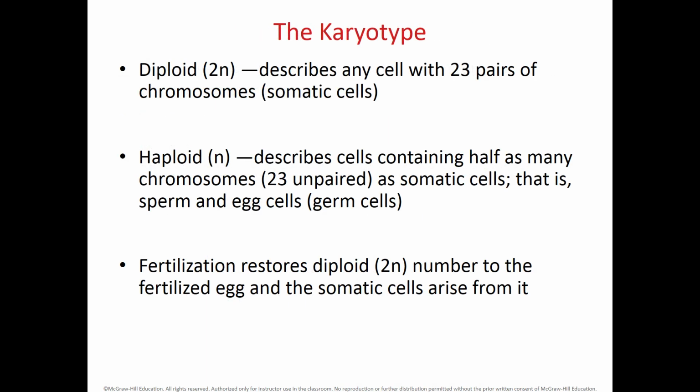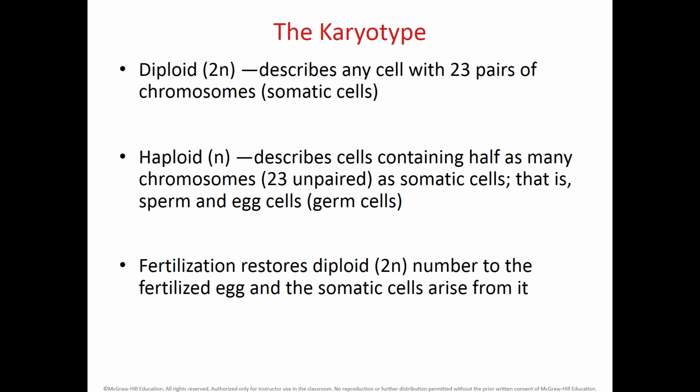Now when you have 23 pairs of chromosomes or 46 sister chromatids, you call this a diploid cell or somatic cell. The majority of our cells are somatic cells, and we have cells that are called haploid because they have only 23 unpaired sister chromatids, or 1N.